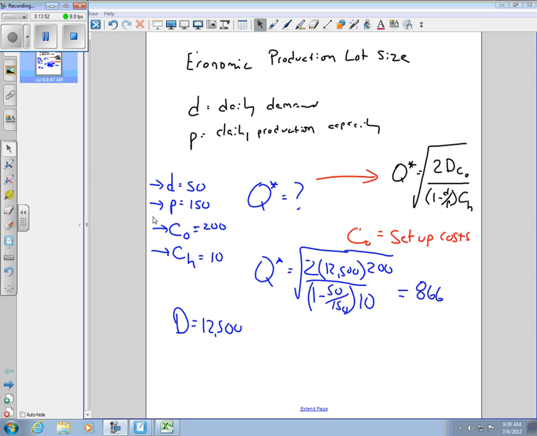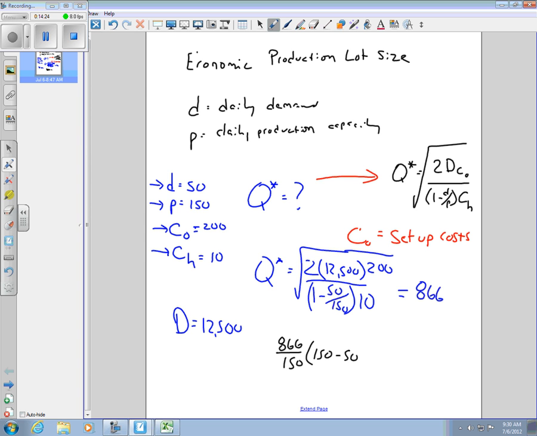So that means that my inventory will accumulate for 866 divided by 150. That's the number of days my inventory will accumulate, close to between 5 and 6 days. It's going to accumulate at a rate of 100 per day. So my maximum inventory is going to peak around 866 over 150 times 150 minus 50.